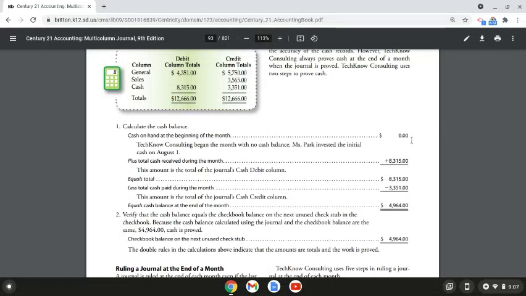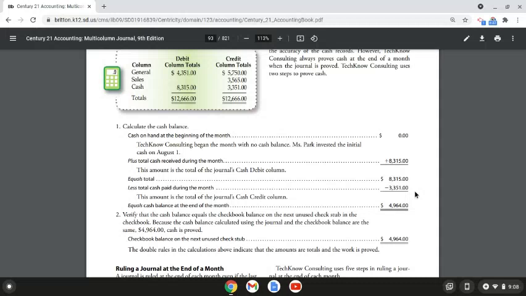So we are going to add in the cash debit column for this, and this will equal our total. Since we started off with $0 and we added in $8,315, that automatically gives us $8,315. Then we subtract the total cash paid during the month, and this is the cash credit, because cash paid is cash credit.